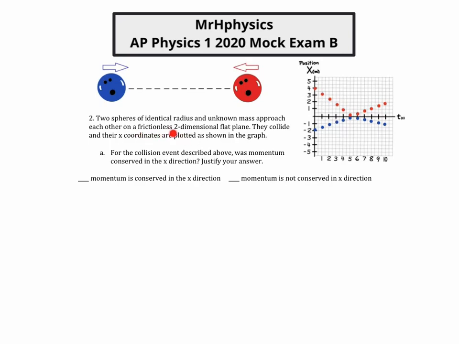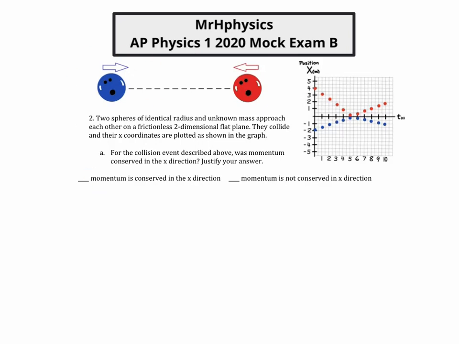We know that this event happened on a frictionless flat plane. And we also know that because of Newton's second and third laws, when these two objects in this system of two objects collide and push off of each other, they change each other by the exact same amount in terms of momentum. So the total momentum of this system has to stay the same.